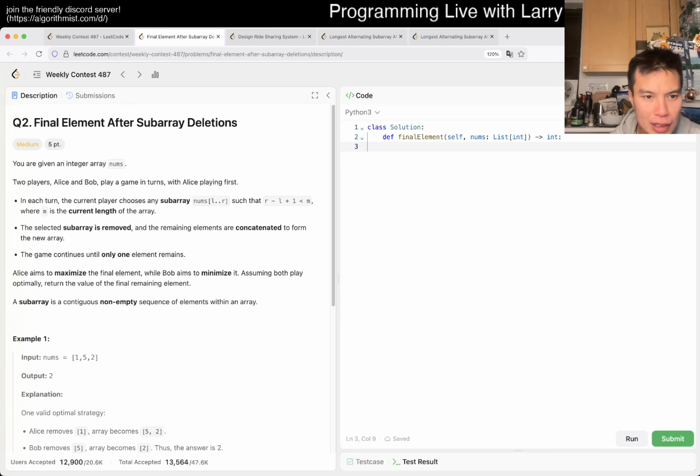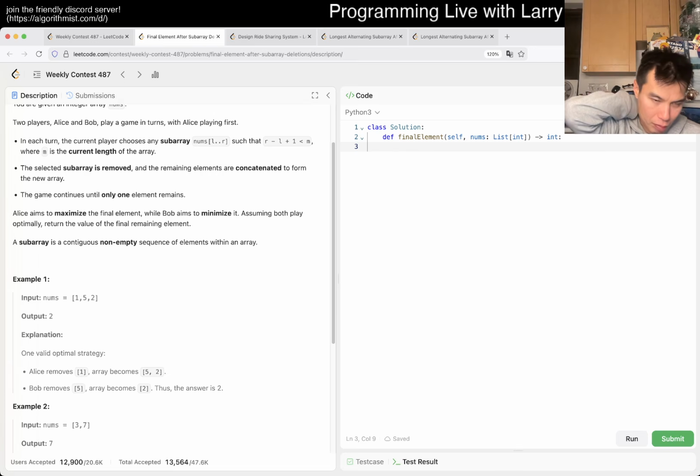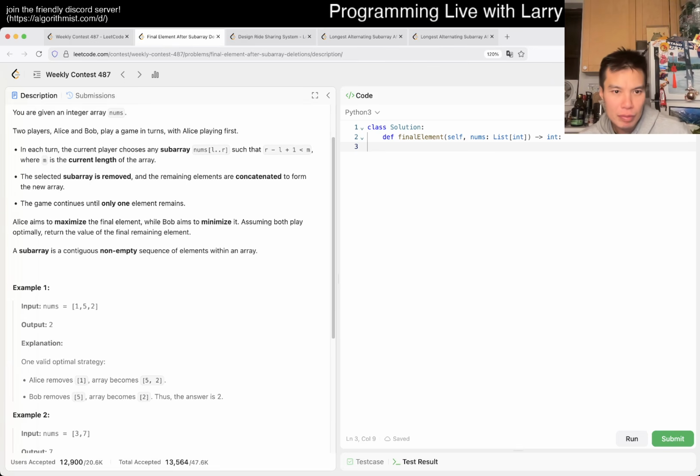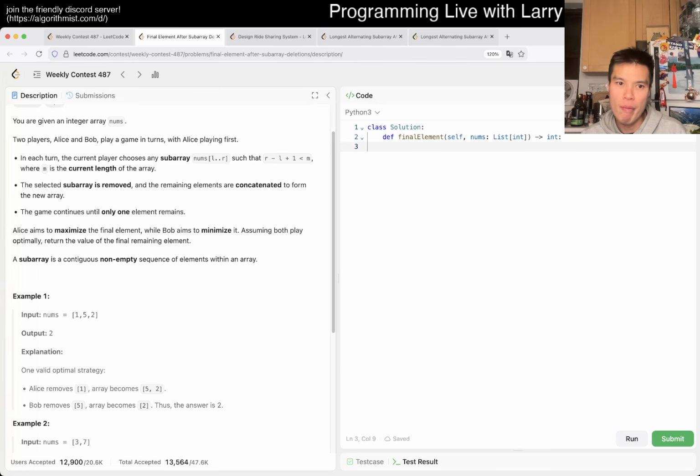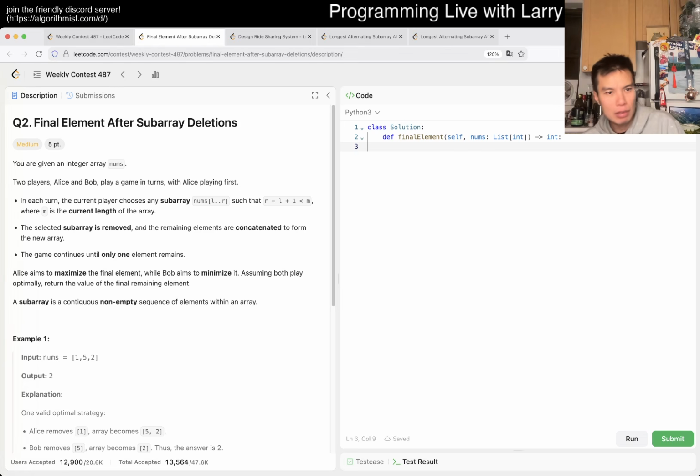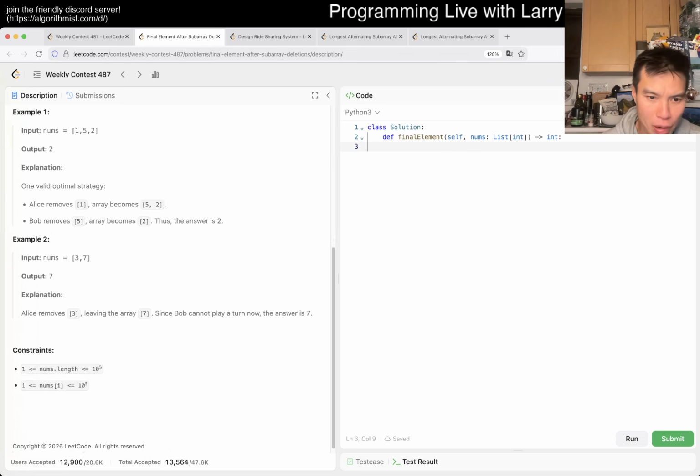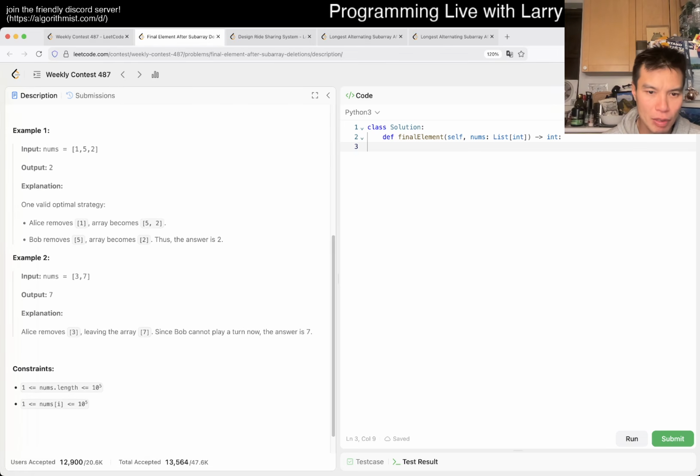Okay, so Alice is going to try to reduce all the minimal elements. Right? So what does that mean? So you take the smallest element and then you keep going. That's interesting. It's such a weird constructive problem. Maybe there's an obvious answer.